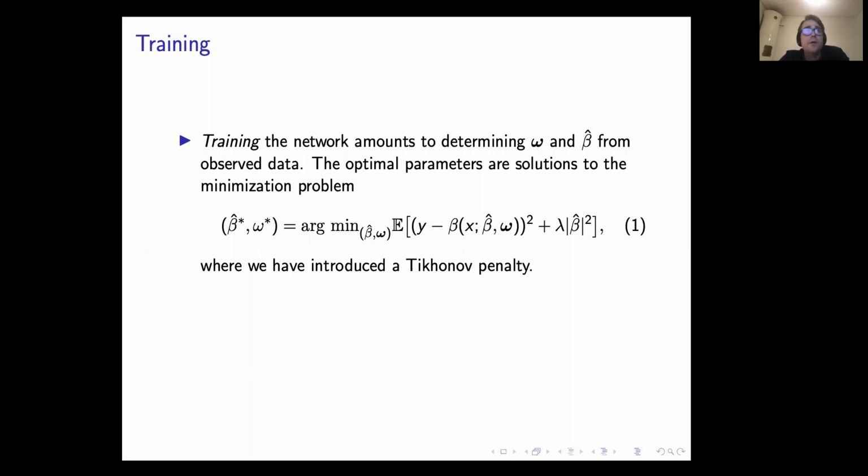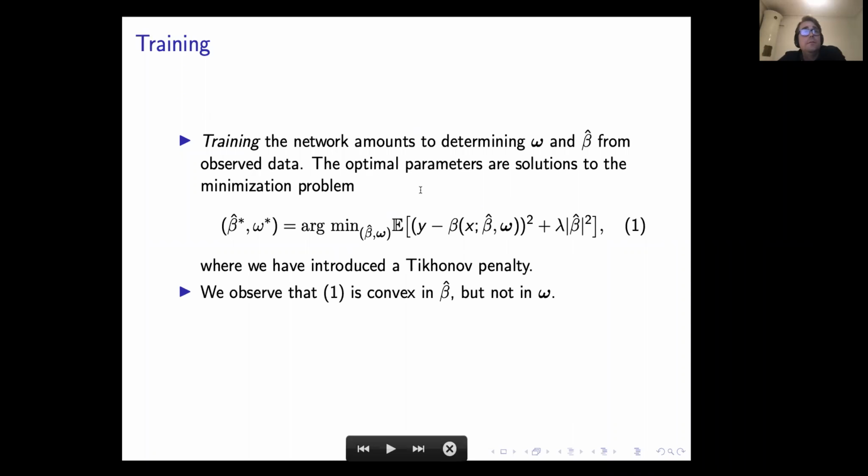So minimize the expected square distance between y and the function beta, which would give us beta hat and omega. And of course, if you plug the expression of beta that we had on the last slide into equation 1 here, you would see that the expression is convex in beta hat, but not in omega.